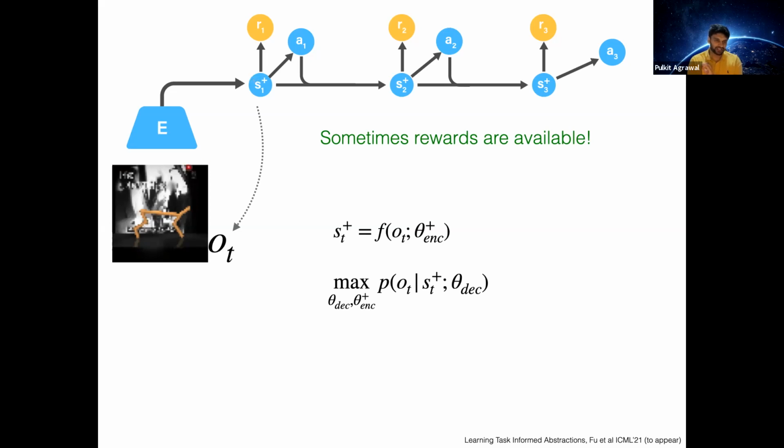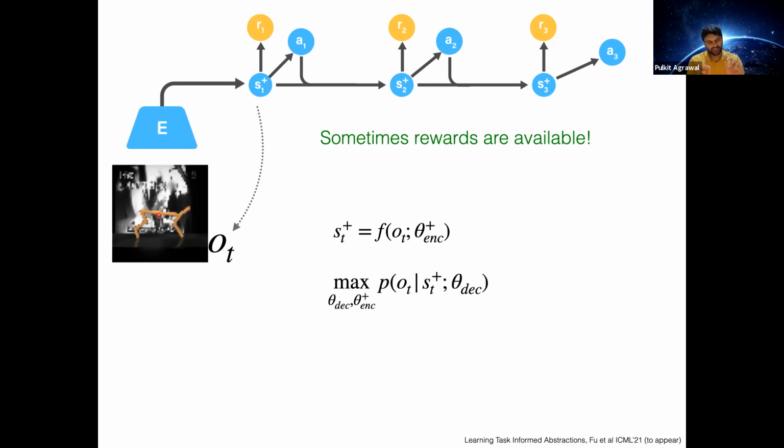For example, consider this image. I might care about this agent moving forward, and all of the background is irrelevant. So even if S is a compressed version, it will have some bits which will represent the background and some bits which will represent the object of interest. So what we would like to do is to only focus on the object of interest and ignore the background.